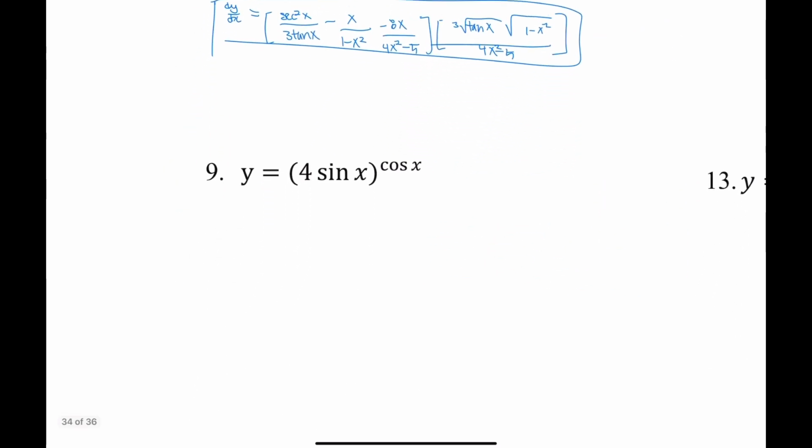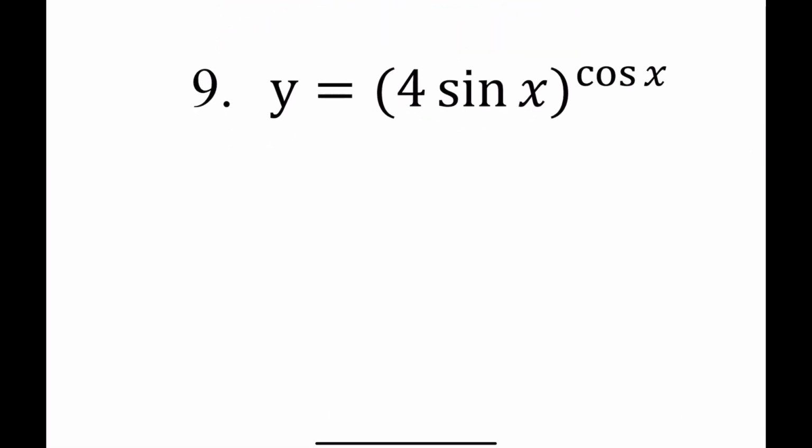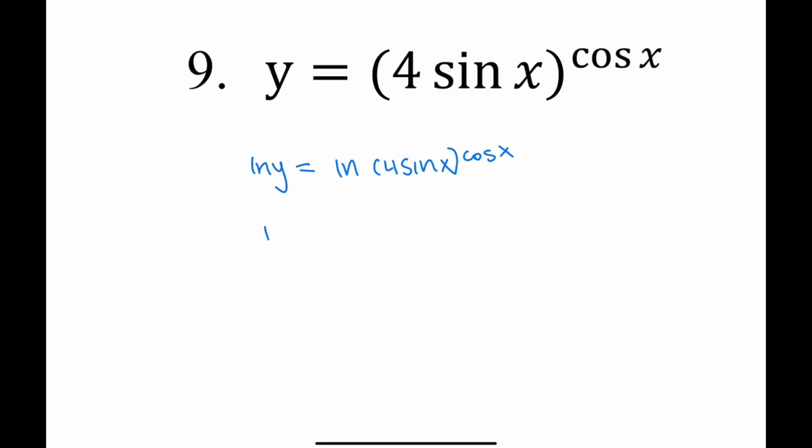This is number 8, and then number 9, we have y equals 4 sine x to the power of cosine x. So ln y is equal to ln of 4 sine x to the cosine x, or this is equal to ln y equals cosine x times ln 4 sine x.